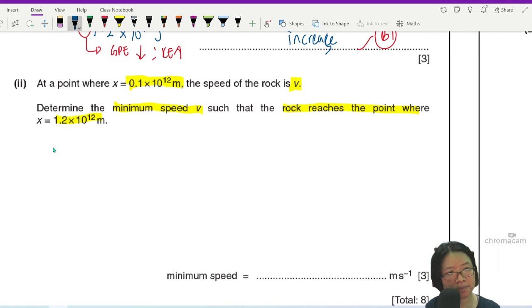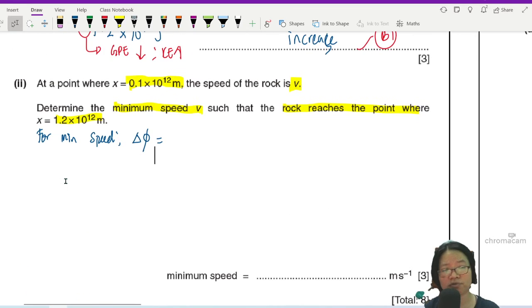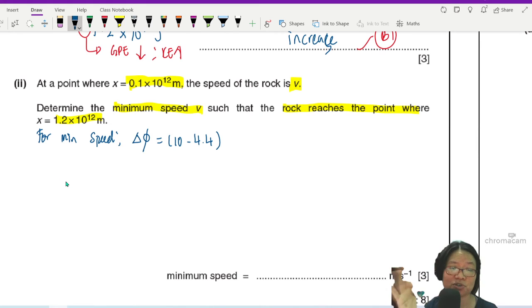So I can say for minimum velocity or minimum speed, the change in potential will be negative 10, negative 4.4. So I can just take the magnitude: 10 minus 4.4. Because I know it's an increase already, I can take the big number minus the small one.